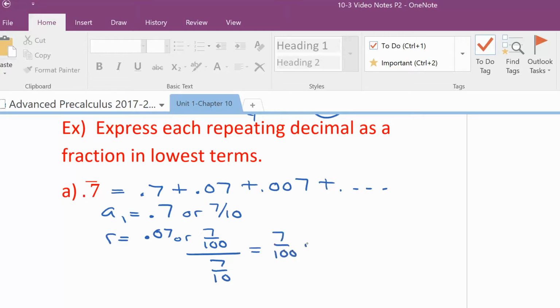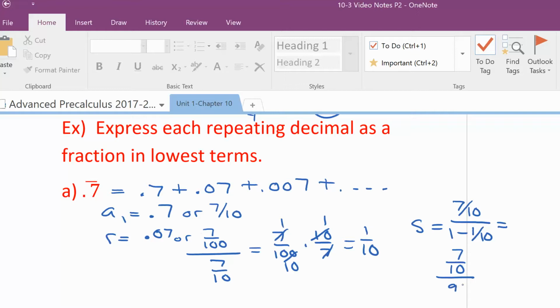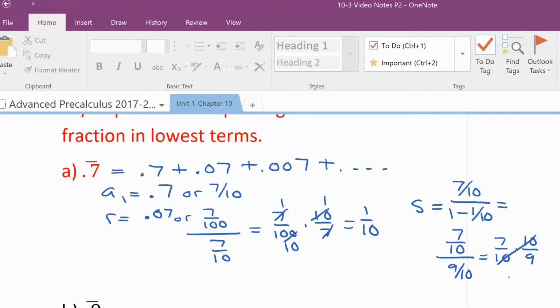If you take the reciprocal, it's 1/10, right? Every time you're adding a tenth to this. So to find the sum, you take the first term, which is 7/10, over 1 minus 1/10. Well, 1 minus 1/10 is 9/10. And then you take the reciprocal, and that means the fraction is 7/9. That produces that decimal.